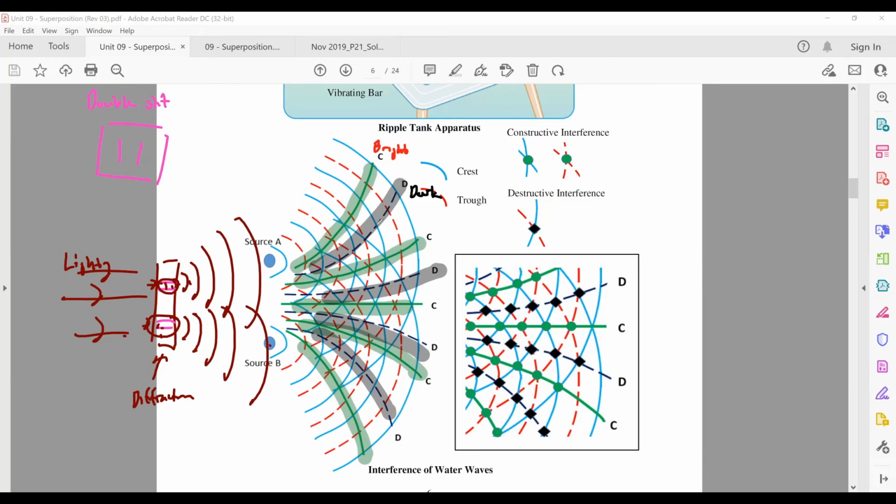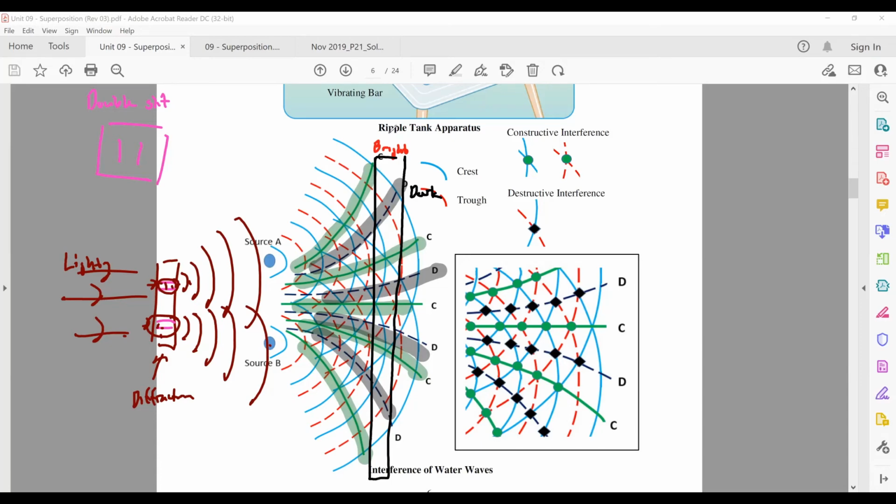Either you place a screen in the path of the interference pattern. So where the pattern hits the screen, it will form some sort of fringe.